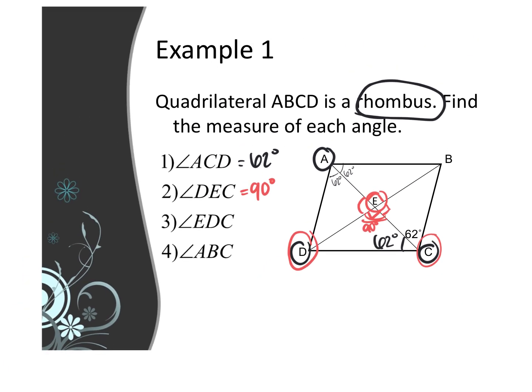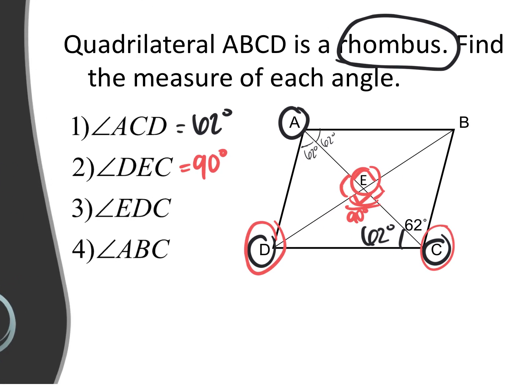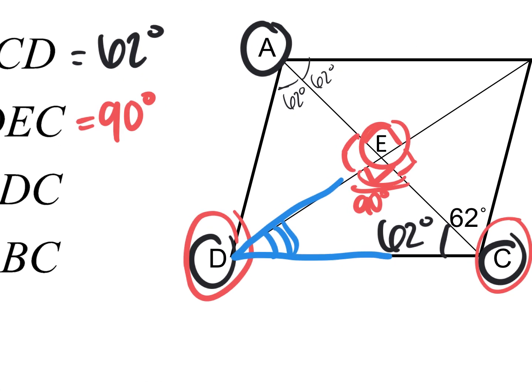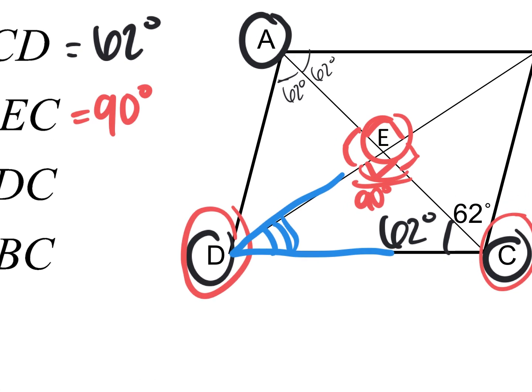And then the next angle it wants us to find is EDC. Three congruence marks. What do you think EDC would have to be? 28 is correct. Hayden, how did you get 28 degrees?